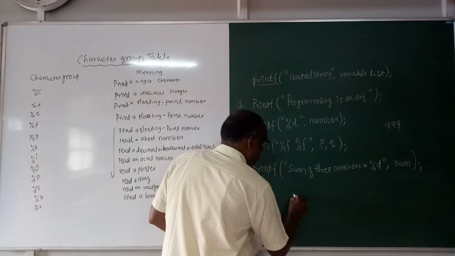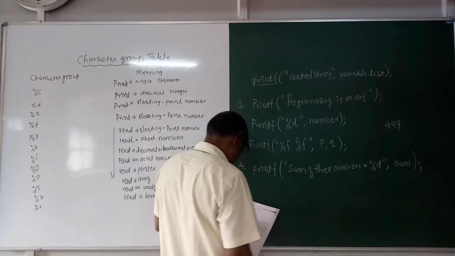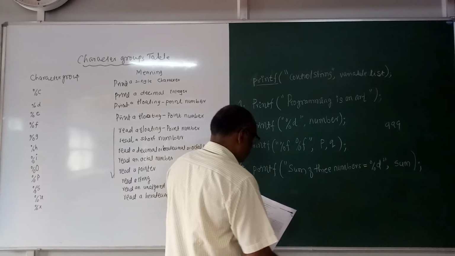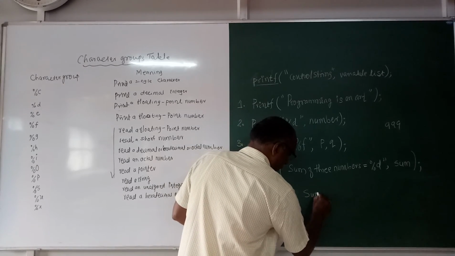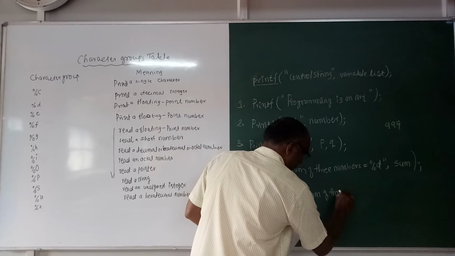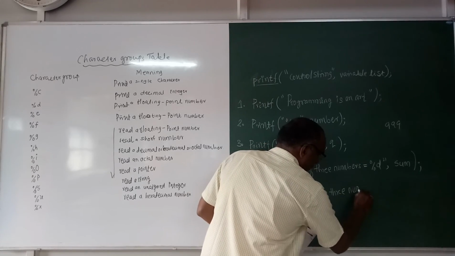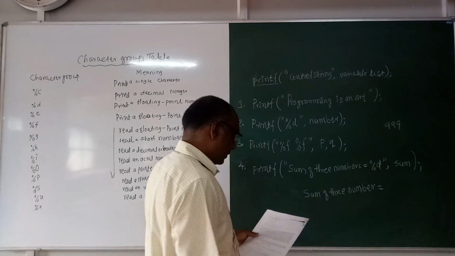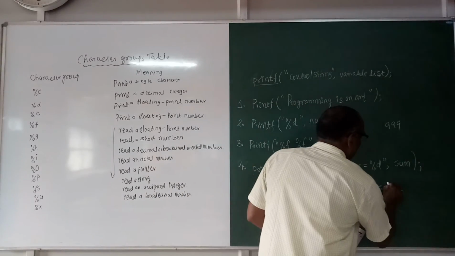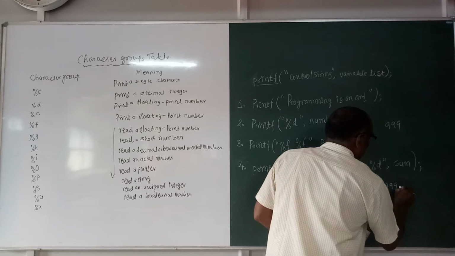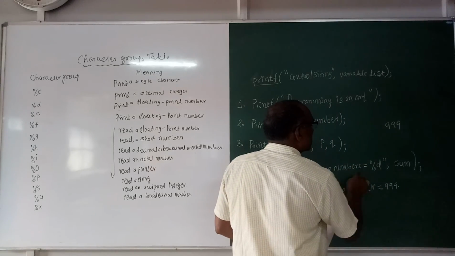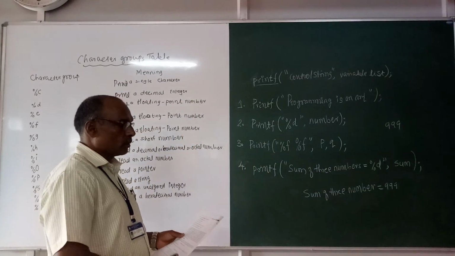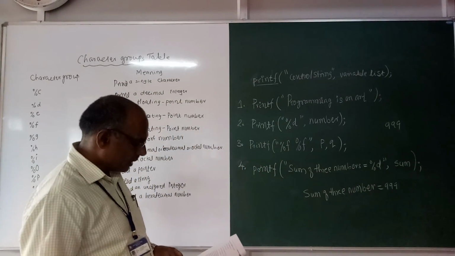The output of this will be: sum of three numbers is equal to 999. Because it is decimal, it gives only 999.